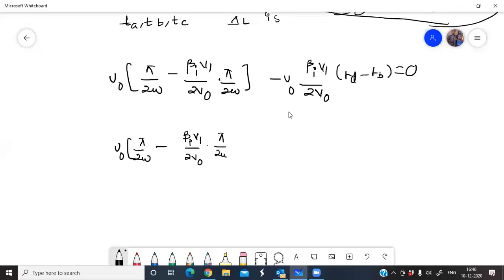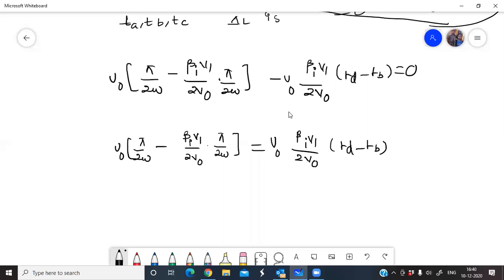Just remember the concept. It's very easy. Just try to compare the first equation, second equation, third equation like that. So equal to V naught beta I V1 by 2 V naught. Please observe the difference between the small V naught and capital V naught, TD minus TB. From both sides V naught gets cancelled.